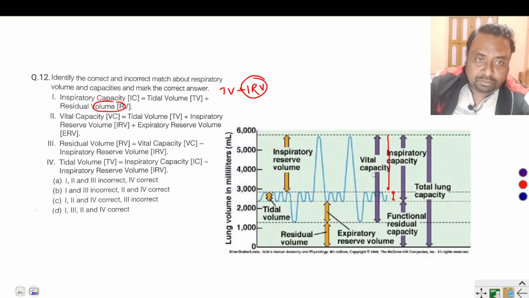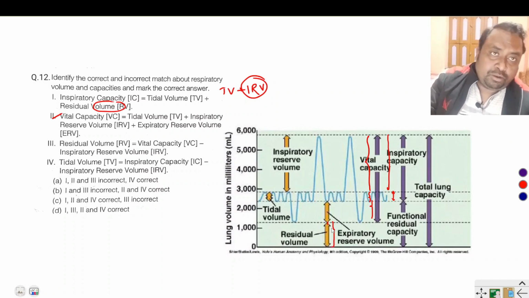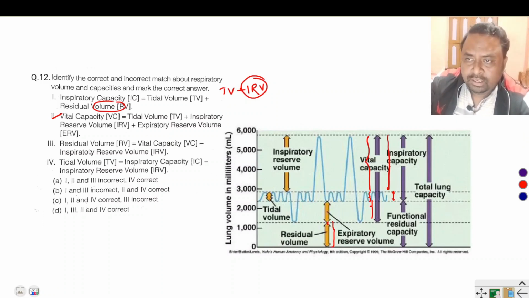The vital capacity means inspiratory reserve volume plus tidal volume plus expiratory reserve volume. Then residual volume. Residual volume is the amount of air that always remains in the lungs, so the lungs are protected from collapse. Residual volume is not vital capacity or inspiratory reserve volume.